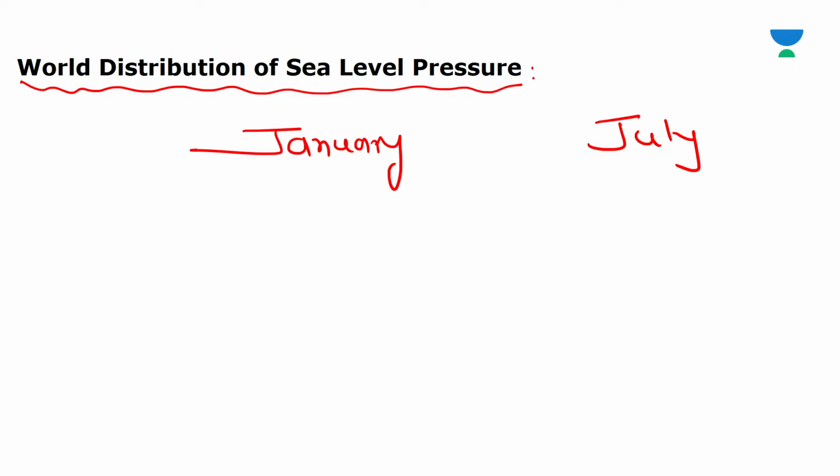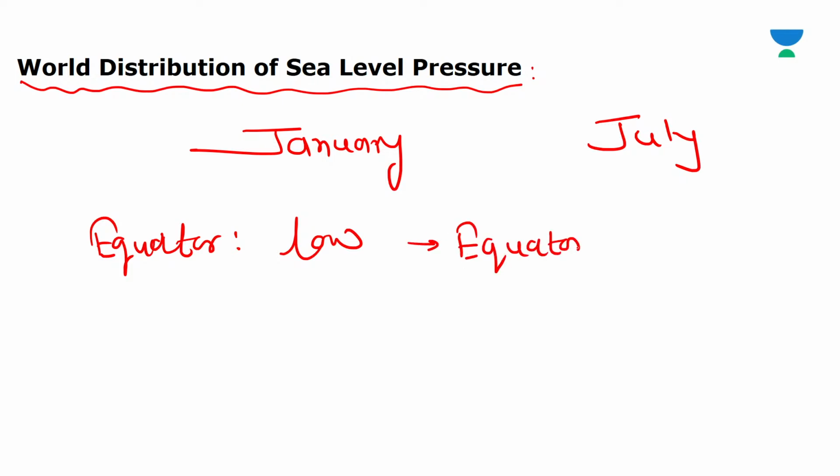Now, near the equator, the sea level pressure is low, and the area is known as the equatorial low.